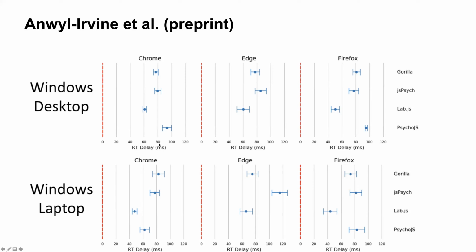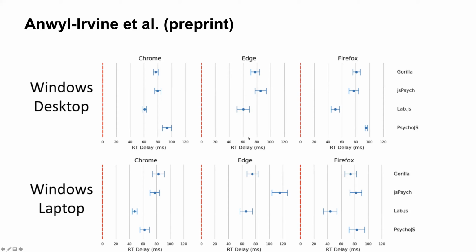And we can see here for RT delay, for Gorilla at least, it's about 80 milliseconds, which is not the greatest, especially if you're trying to detect a 10 millisecond difference between groups. But for the things that we're doing here in the lab, I think 80 milliseconds is okay. It's not great. It's not horrible either.